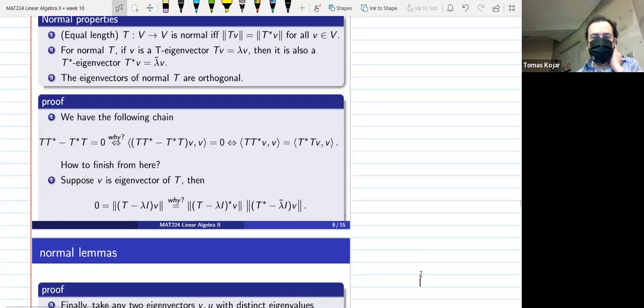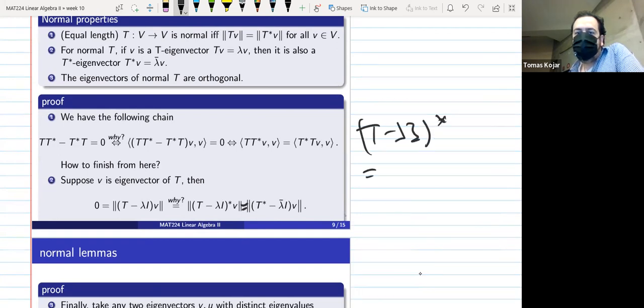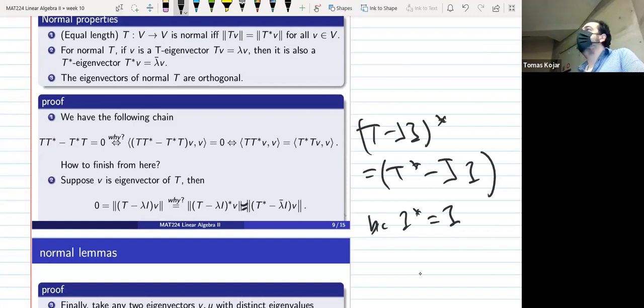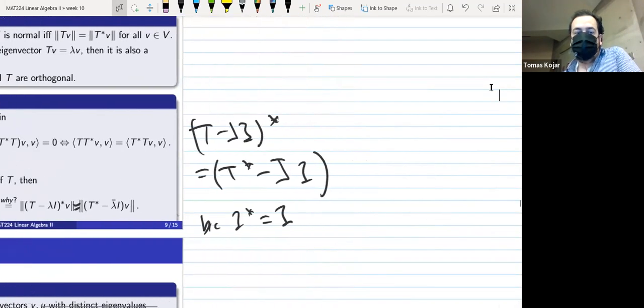And then, right, you bring in the adjoint. So again, T minus lambda I adjoint becomes T star minus lambda bar I, because I star is I. And I think you can say from here, right, what did we prove?